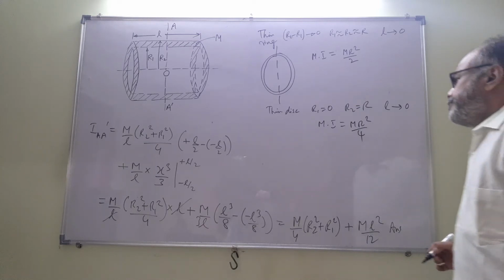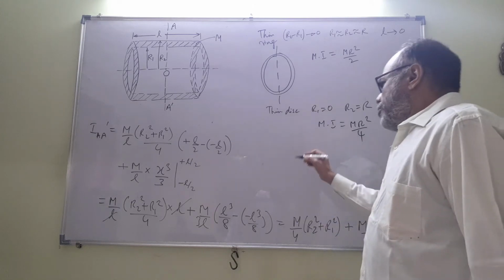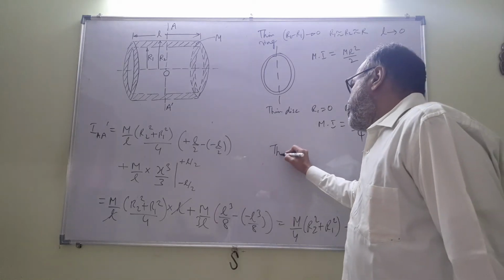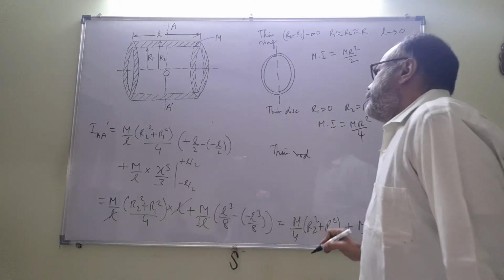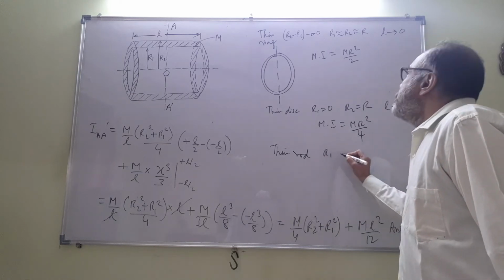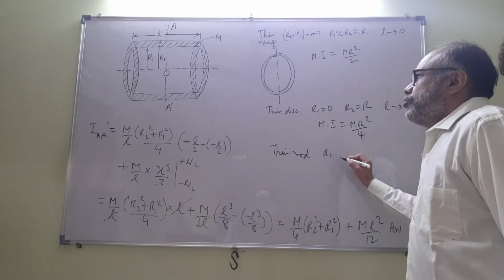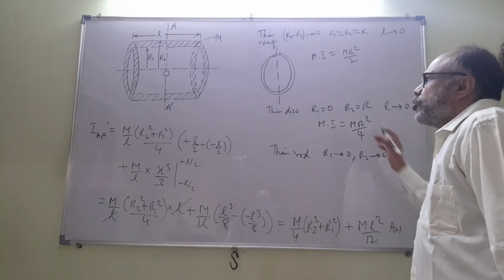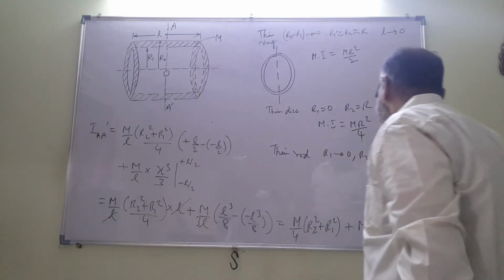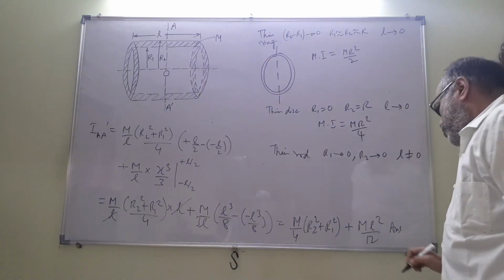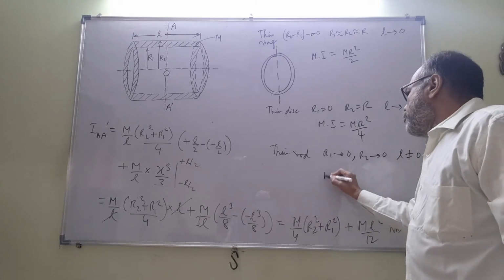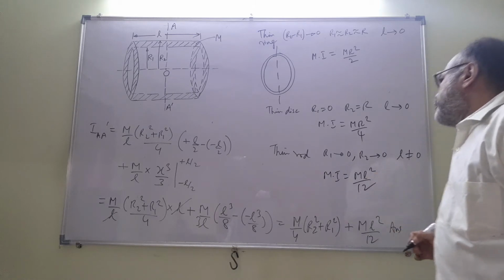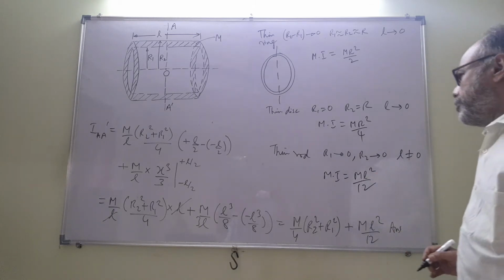What about a thin rod? You take a thin rod, R1 and R2 both tend to 0 because it is a thin rod, and L is not equal to 0. So if you put R1 and R2 equal to 0, you will get the moment of inertia as mL squared by 12. That is for a thin rod.